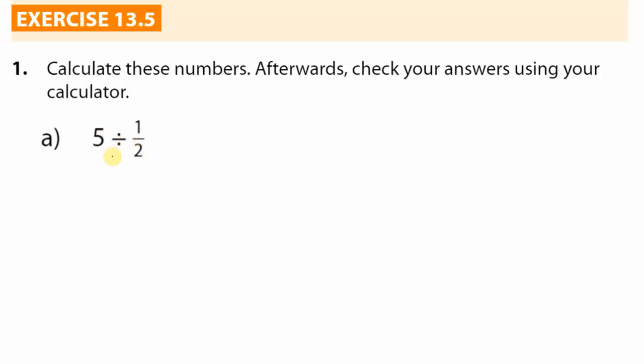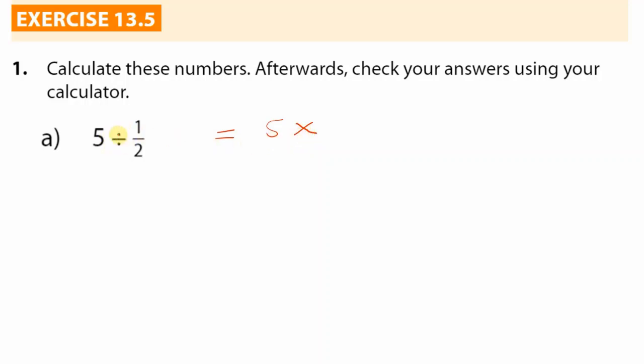Now we know when we looked at multiplication, we multiply tops, we multiply bottoms. When we see division in terms of fractions, it's easiest just to change the division to multiplication. So we say this is 5, not divide anymore, but multiplied.